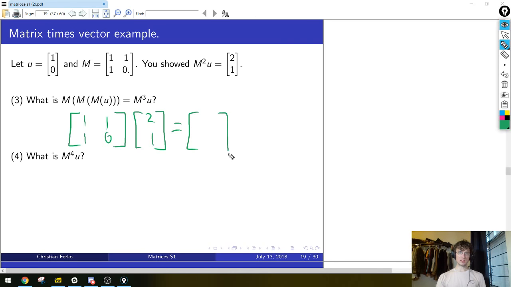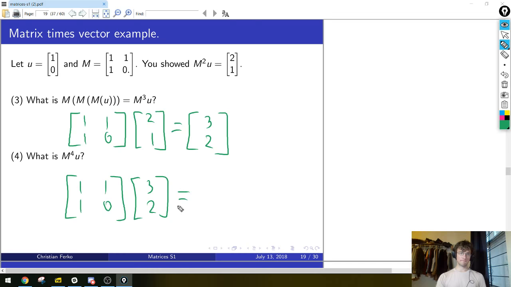Now what is this output? 3, 2. And now one more time. You will probably see a pattern pretty soon. What is the matrix M applied to 3, 2? 5, 3.